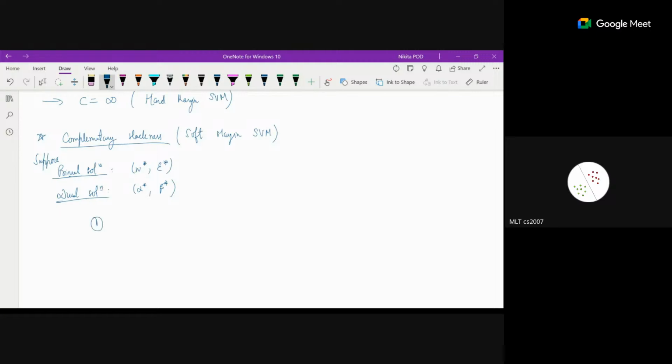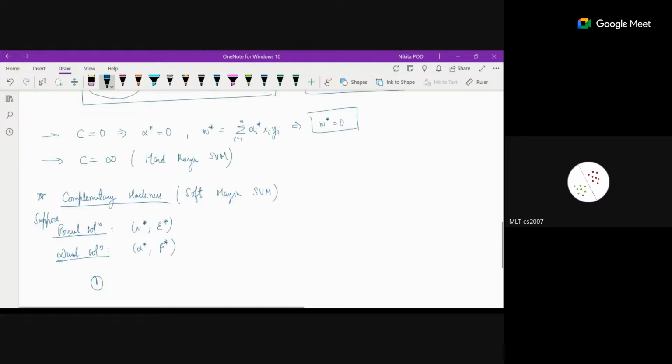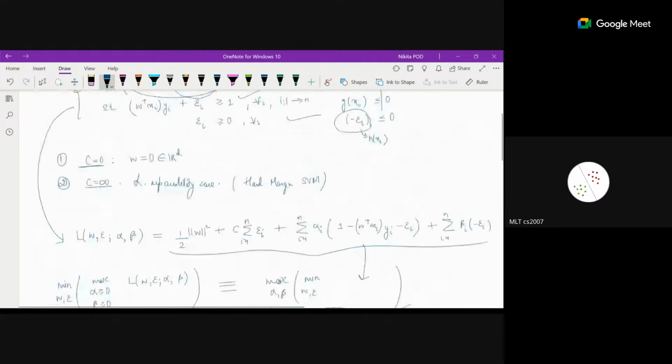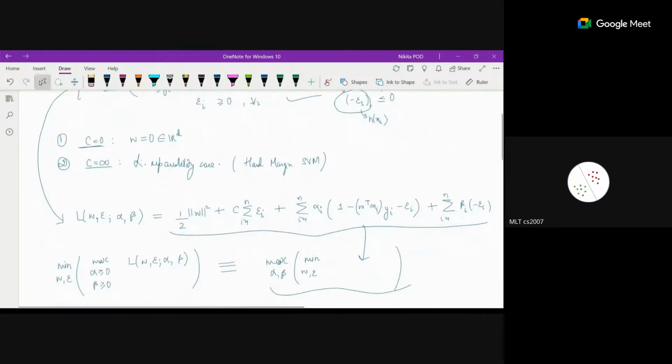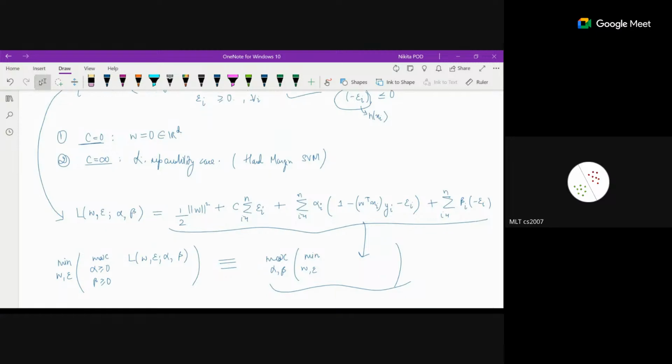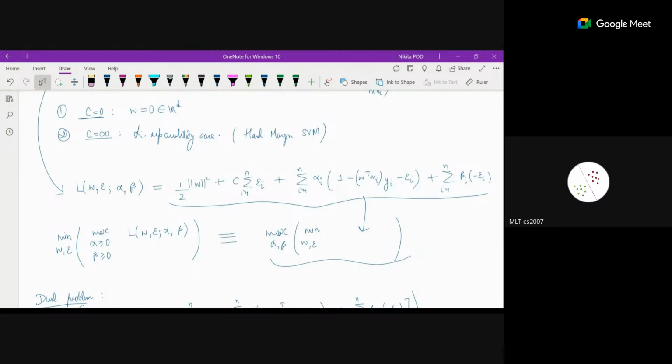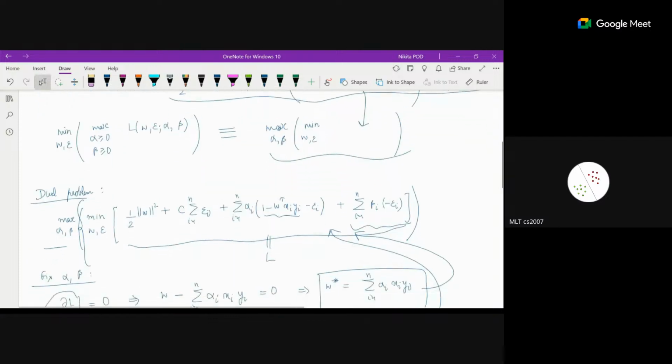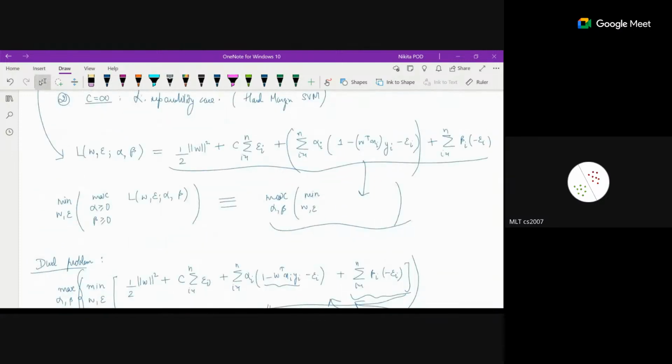the first condition would be that my first constraint, this term. So at optimality, for every data point, you will have this to be 0 and the second term to be also 0.